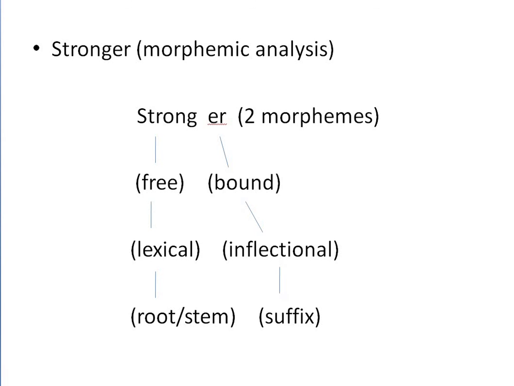We have studied before that the comparatives and superlatives are represented by inflectional morphemes. So er is giving the comparative of strong, so it's inflectional. And in terms of affixes, strong is a root or a stem, and er is the attachment at the end, so it's a suffix.